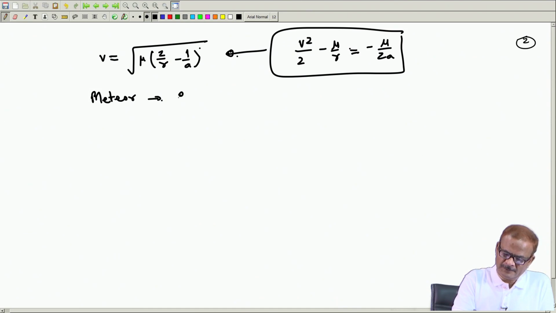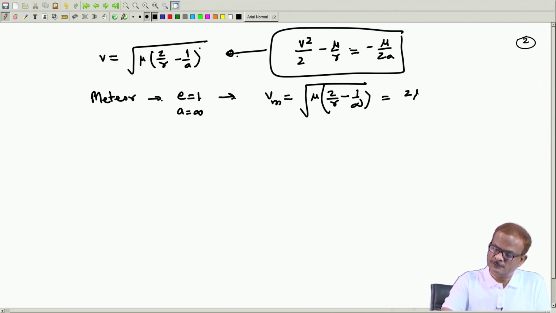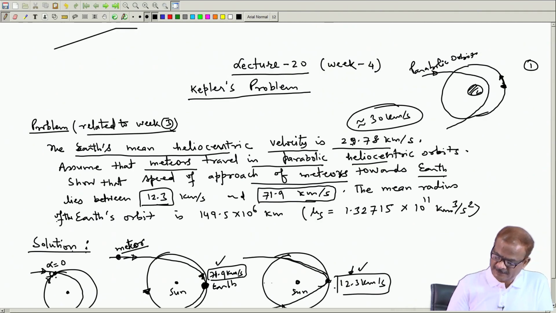In a parabolic orbit, e equals 1, and therefore a equals infinity. So, V meteor we can write as the square root of mu times (2 by r minus 1 by infinity). That becomes the square root of 2 mu by r, where r is where the impact is taking place. It is taking place at the radius of the Earth's orbit.